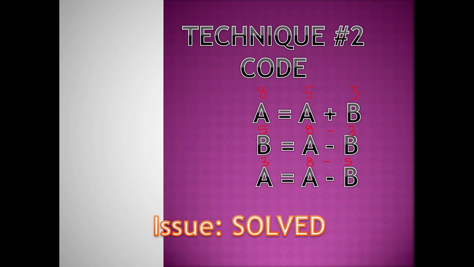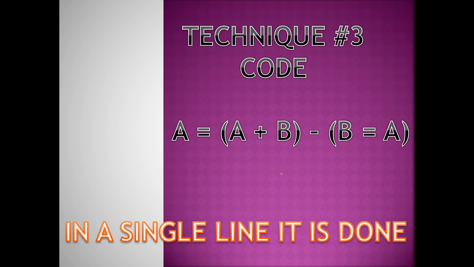And moving forward, can't I do the same using a single line of code? This is one such technique through which it is possible to interchange the values of these two variables. Suppose the value of a is 5 and the value of b is 3, where I got 8, and this is my subtraction symbol, and the value of a is moved to b here.